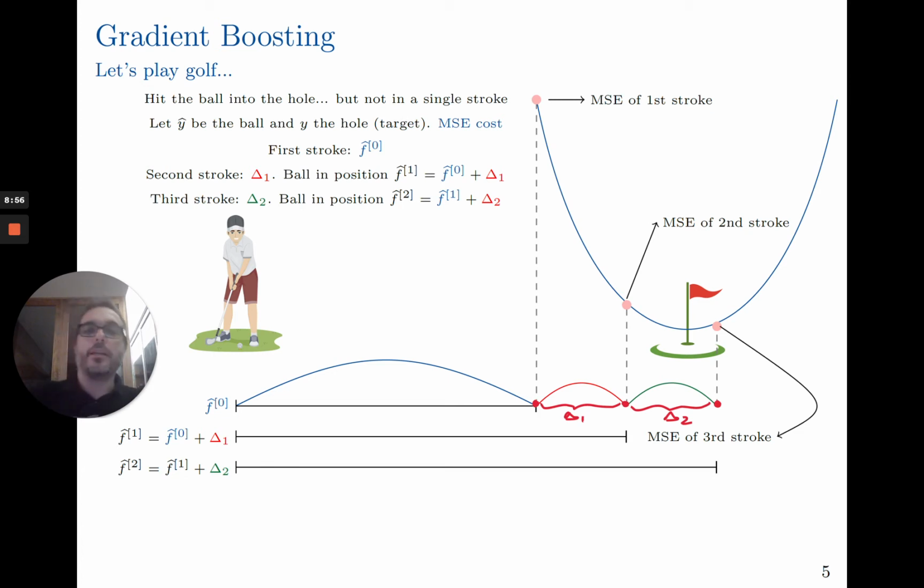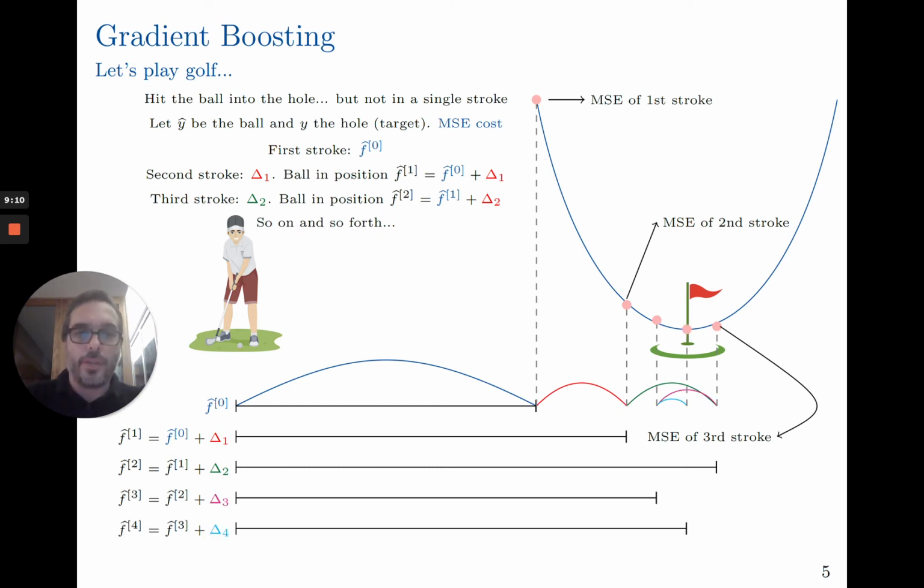And then you are getting closer to the hole, but now you pass the hole. So you're going to try a fourth stroke that is going to get you here. Then you pass the hole again, and then you're going to hit the ball one more time, and then bingo, you reach the hole. Okay?